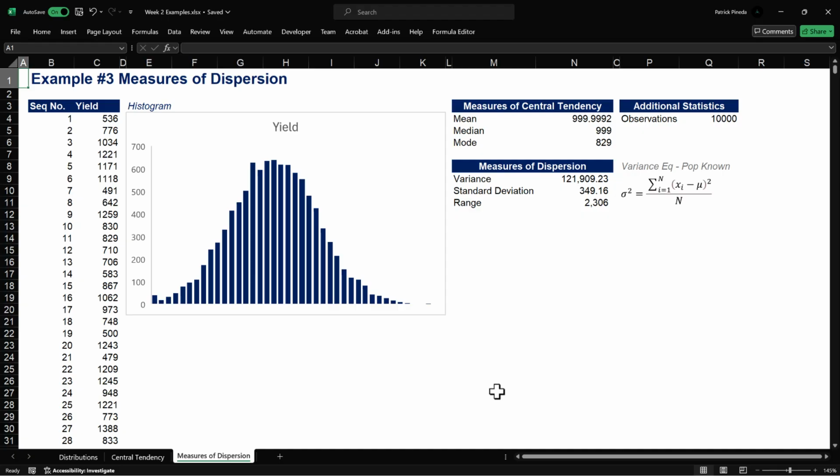What it's yielding, you can pretend it could be popcorn, candy, cars, whatever. It's some make-believe factory, but it has different sequential runs, and each time yields a different amount. Now, we had the measures of central tendency last time. Those are unchanged, but we now need to compute the measures of dispersion.